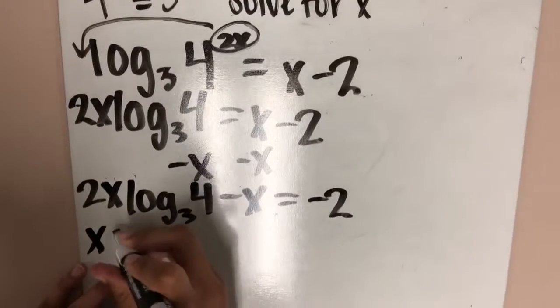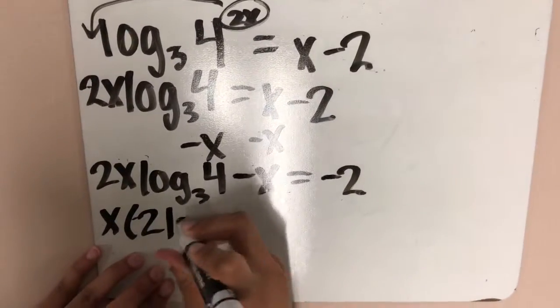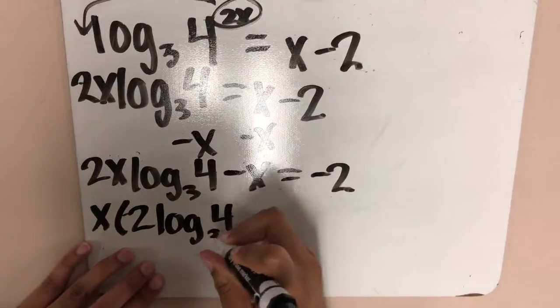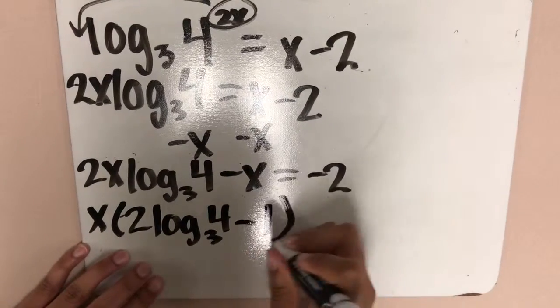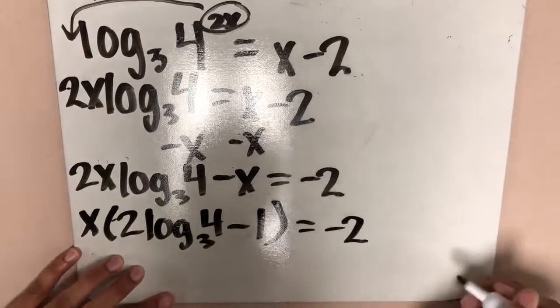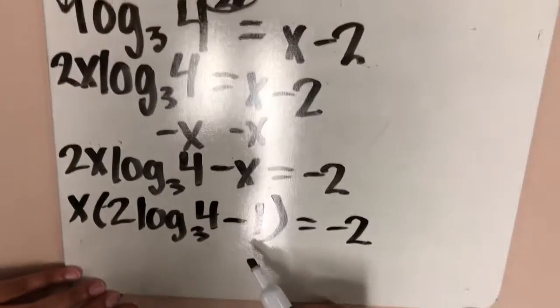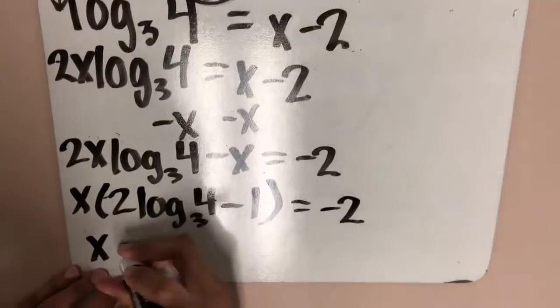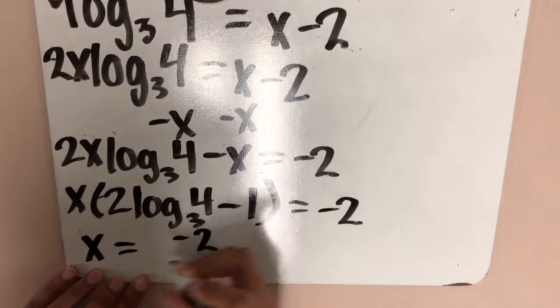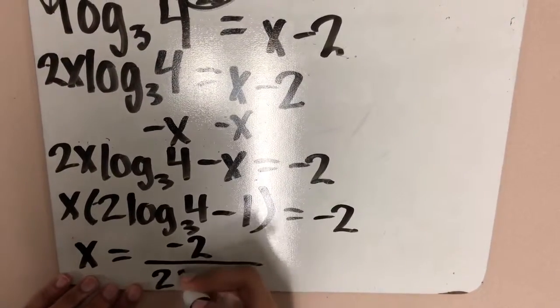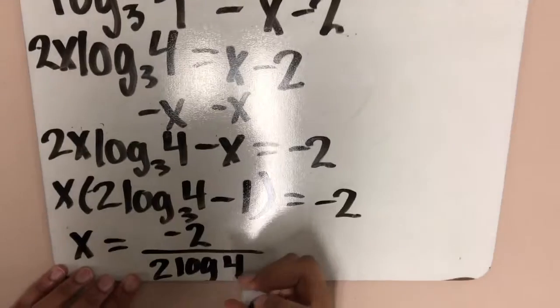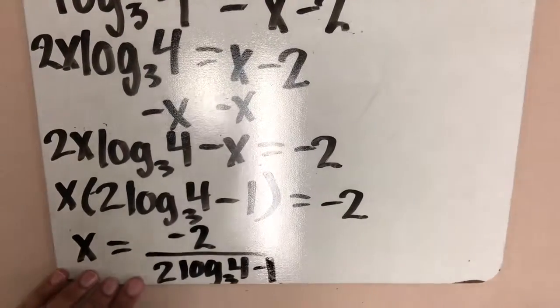So we'll have x on the outside, 2 log of 4 base 3 minus 1 equals -2. And then to get x by itself, we're going to divide by what's in the parentheses here, and then we'll be left with x equals -2 over 2 log of 4 base 3 minus 1.